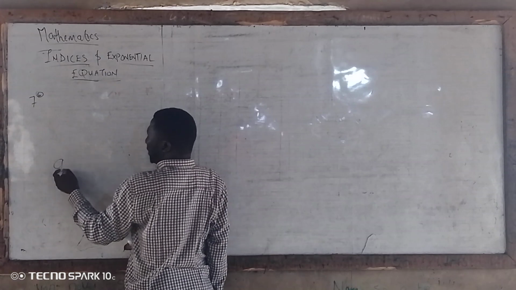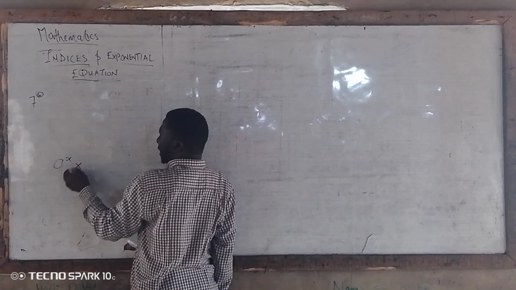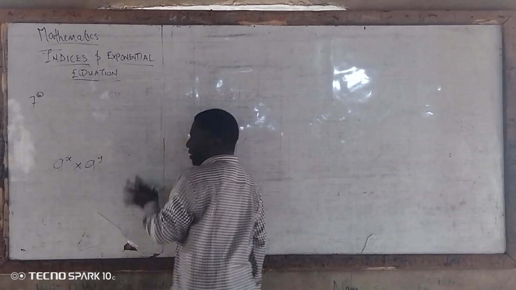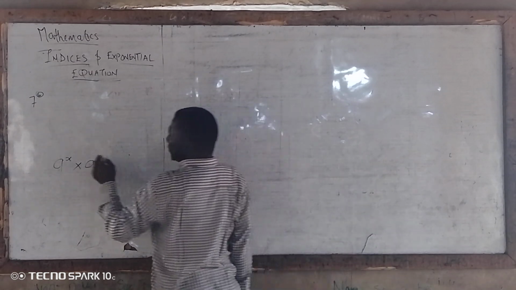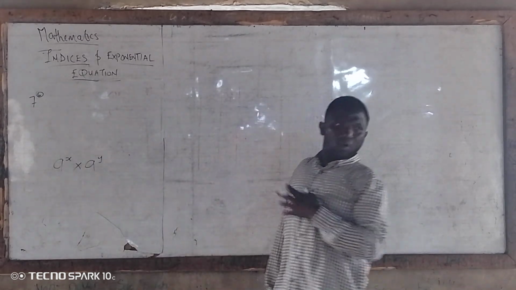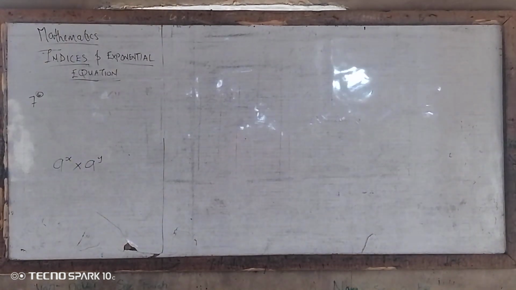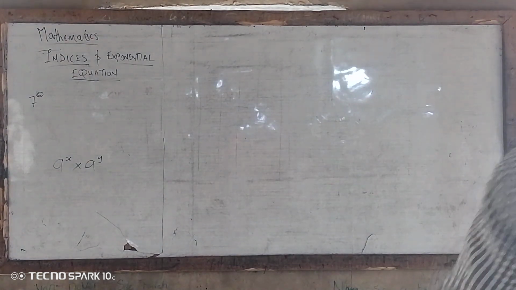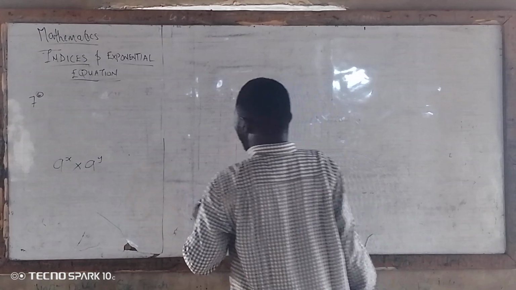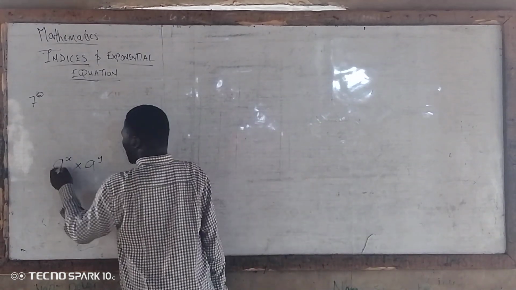So that's when you have a raised to the power x times a raised to the power y. So this very law is what I'm starting with. When you have something like this, you see that the bases are the same. That's a to the power of x, and you also have a to the power of y. Since the bases are the same, this is what you do.